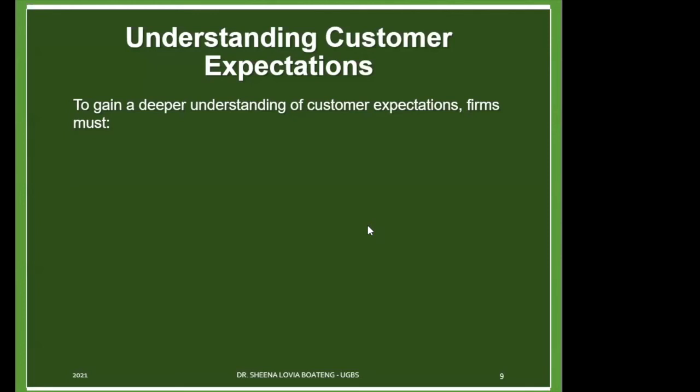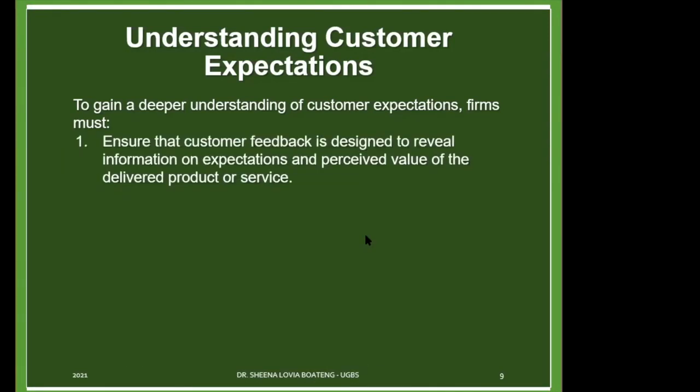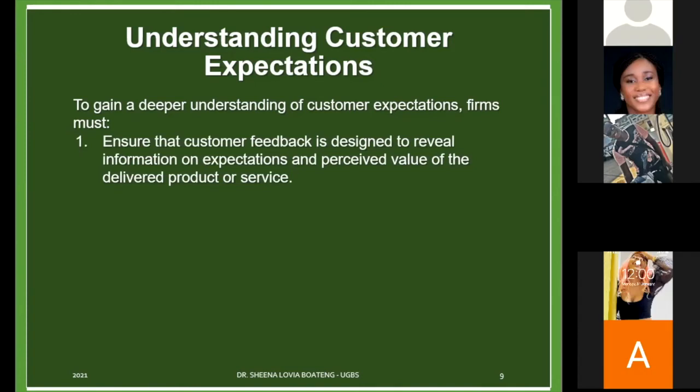And we are about to do so. The first way we can gain a deeper understanding of customer expectations is by ensuring that customer feedback is designed to reveal information on their expectations, as well as the value that they have received from the products and services that they have purchased from us.